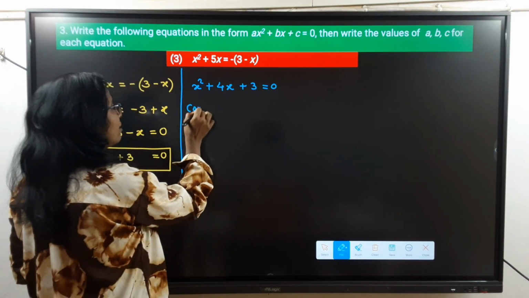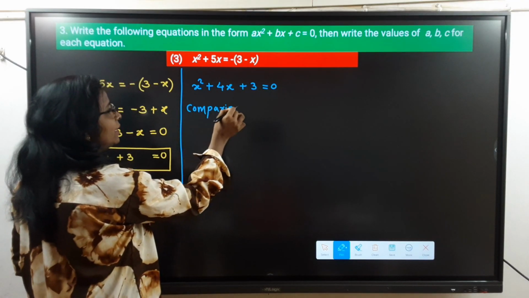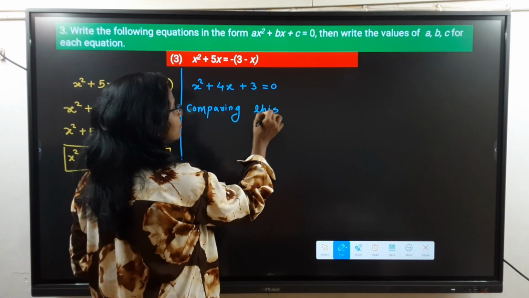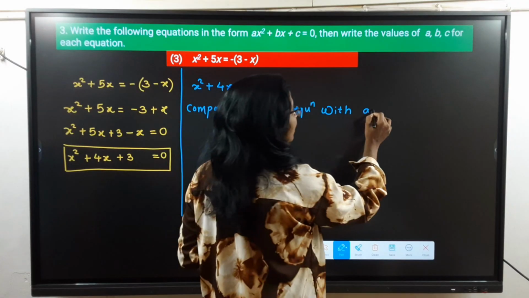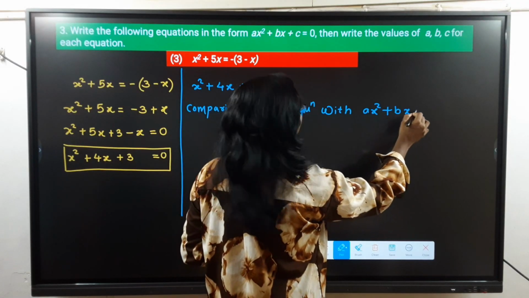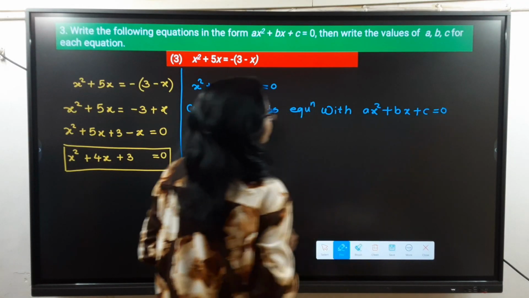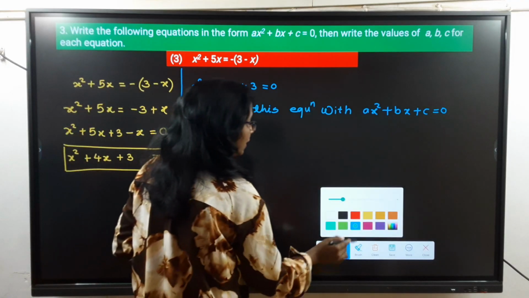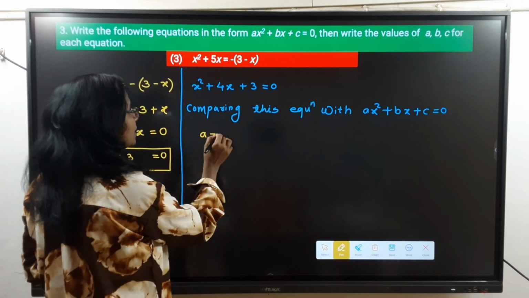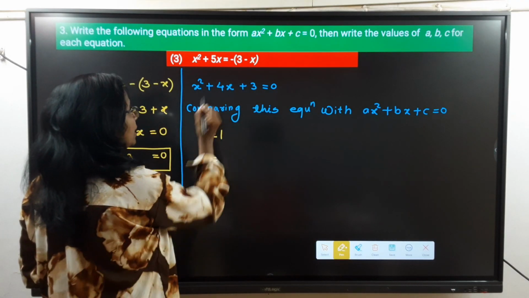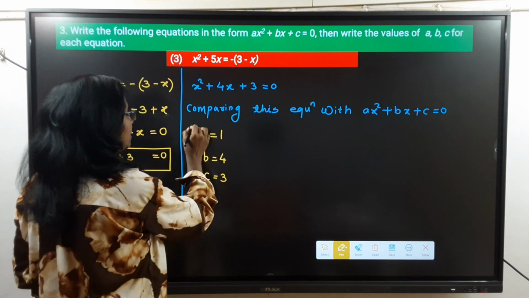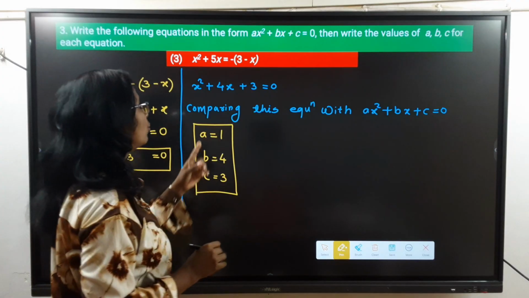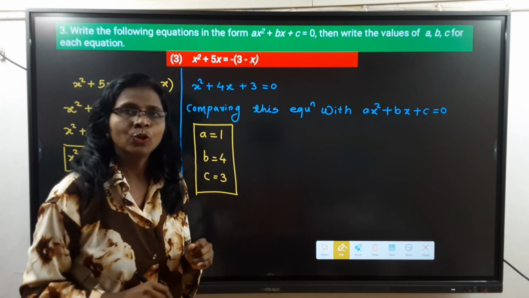Comparing this equation with ax square plus bx plus c is equal to 0, then a is equal to 1, b is equal to plus 4 and c is equal to 3. So here a is the coefficient of x square, b is the coefficient of x and c is the constant.